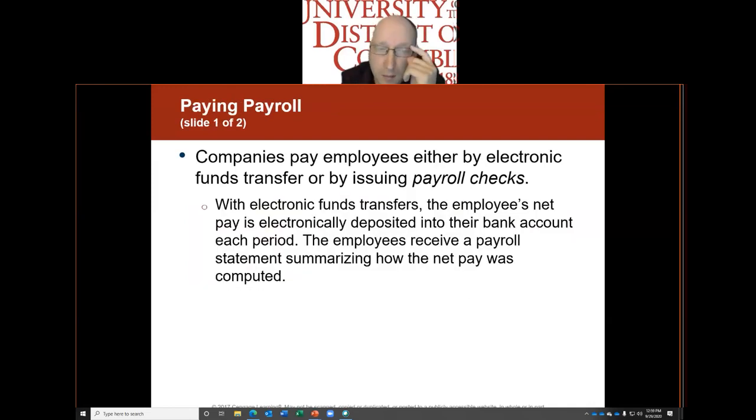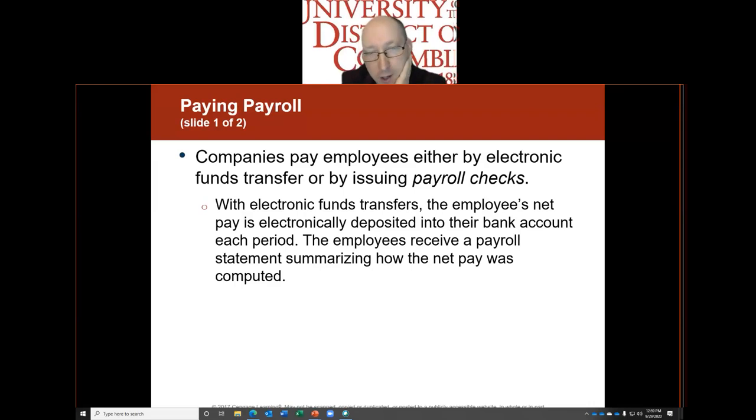Okay. Paying payroll, companies need to transmit payroll through payroll checks. In today's day and age, we use electronic funds transfer. The money is automatically deposited into your bank account through this process. It's not as common these days for physical checks to be sent in the mail because we're in the 21st century.